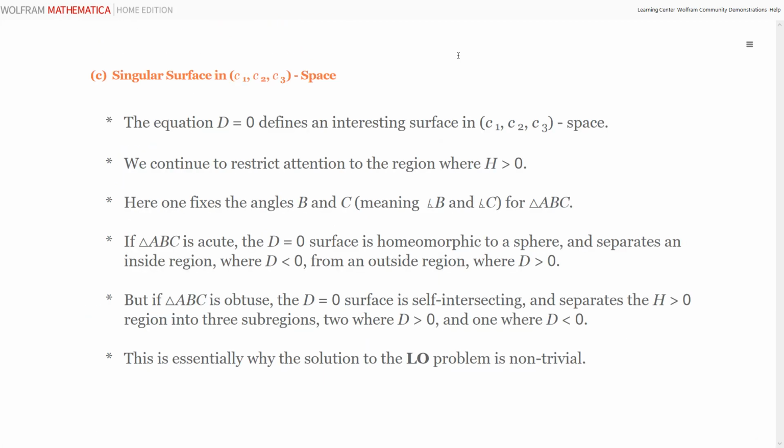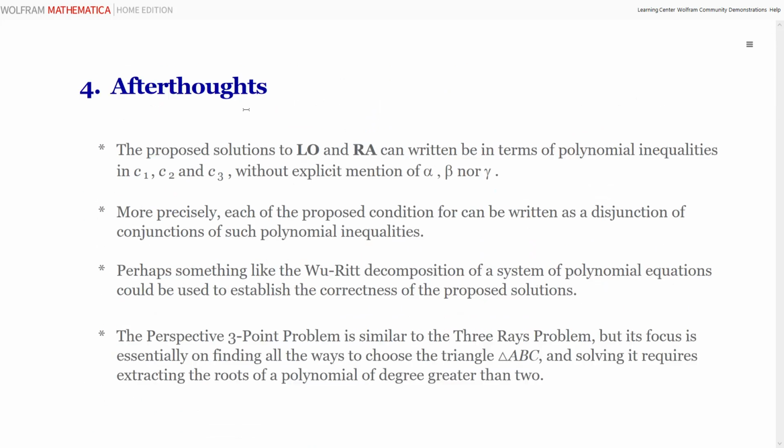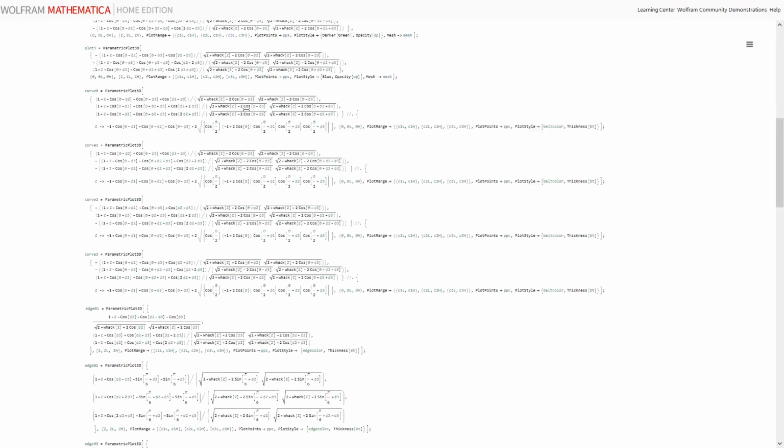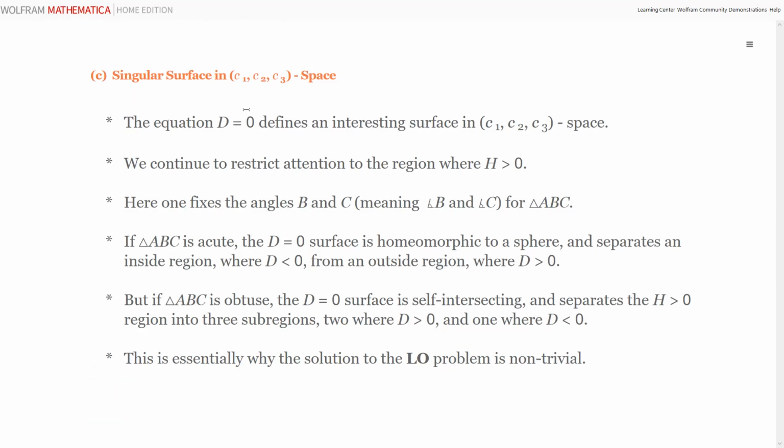All right, so the last thing I want to demonstrate is this, because I'm very fond of these images, to be honest with you. So now I'm going to ask, in three-dimensional space, let's call it C1, C2, C3 space, where one axis is labeled C1, one axis is labeled C2, and one axis is labeled C3, let's find out what the surface D equals 0 looks like.